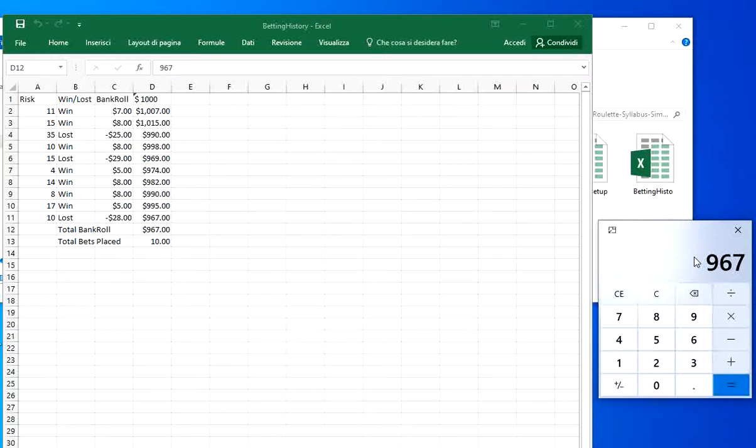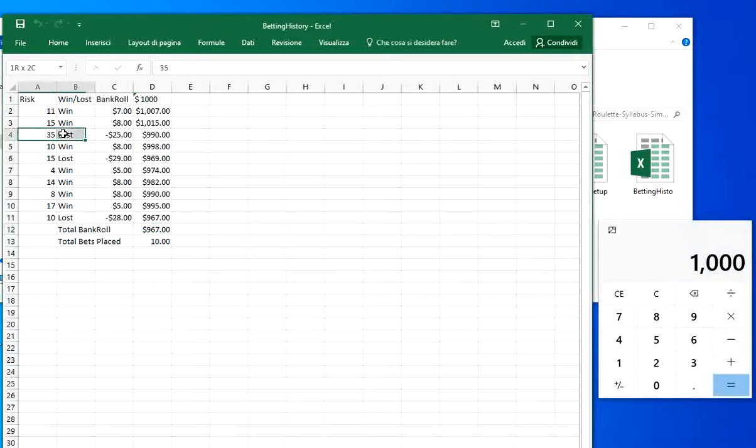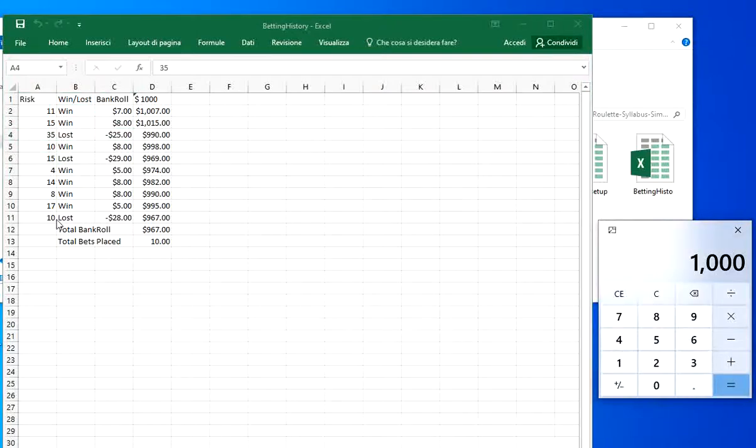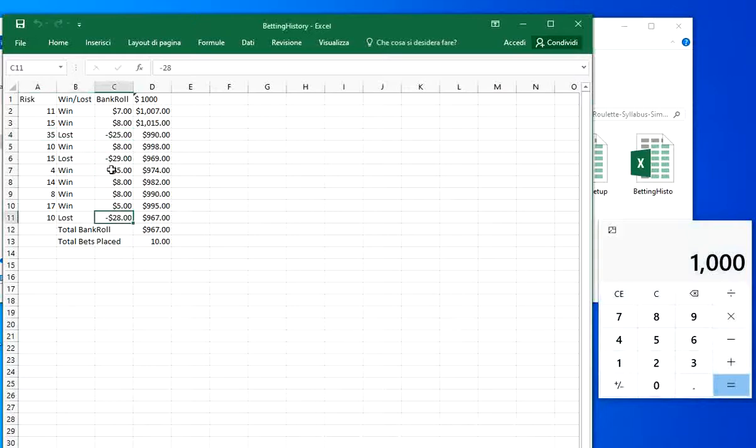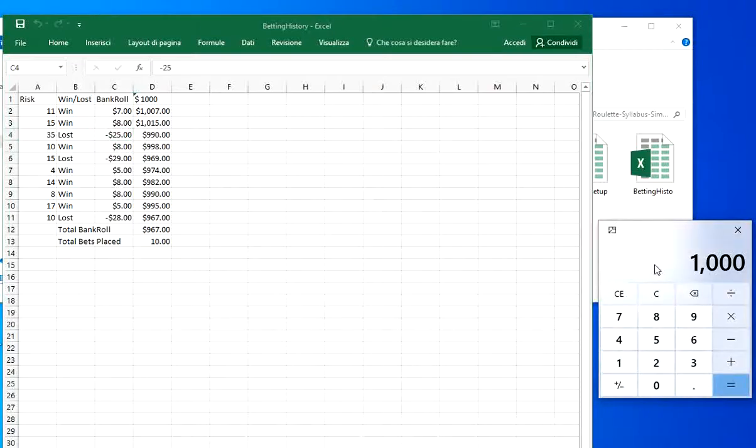967. All right. So if you want to understand a simple calculation of this, let's take the bankroll, which is 1,000, and let's deduct those that are lost. These are lost bets. A win is a win, a lost is a lost. So let's take the losses. There are 3 losses. First loss was 25.